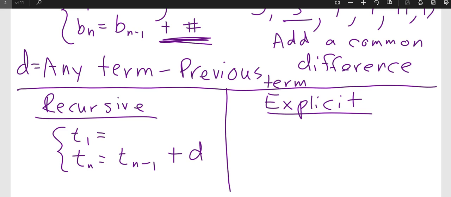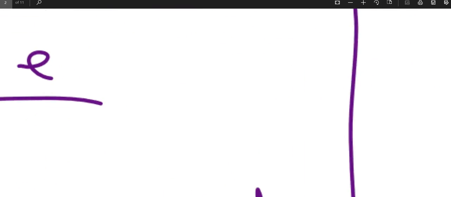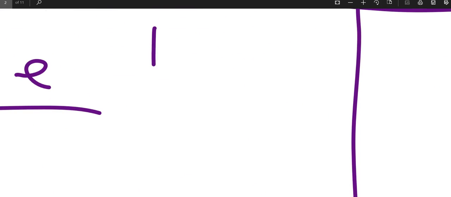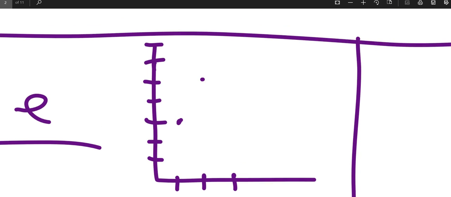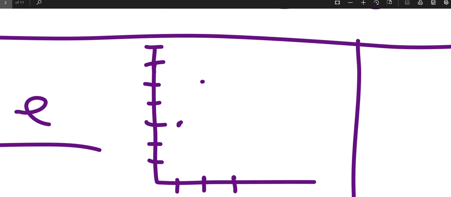So the first term gave me 3, and the second term gave me 5, and the third term gave me 7.